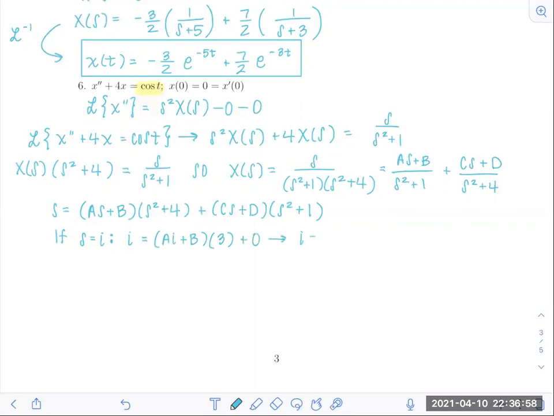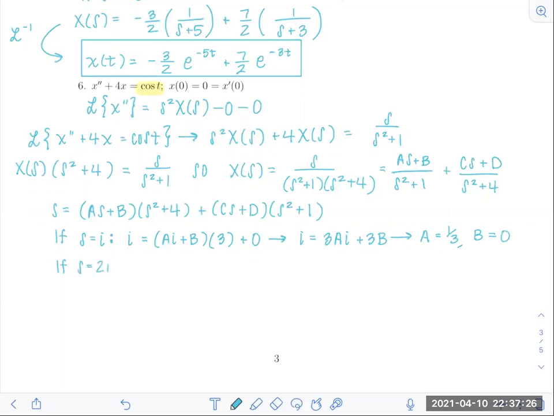So I have i equals 3Ai plus 3B. So I can now solve for A and B. 1 has to equal 3A if I equate the coefficients in front of i. So A equals 1/3, and since there are no constants on the left-hand side, B must equal 0. So I solved for those just by using that one root.